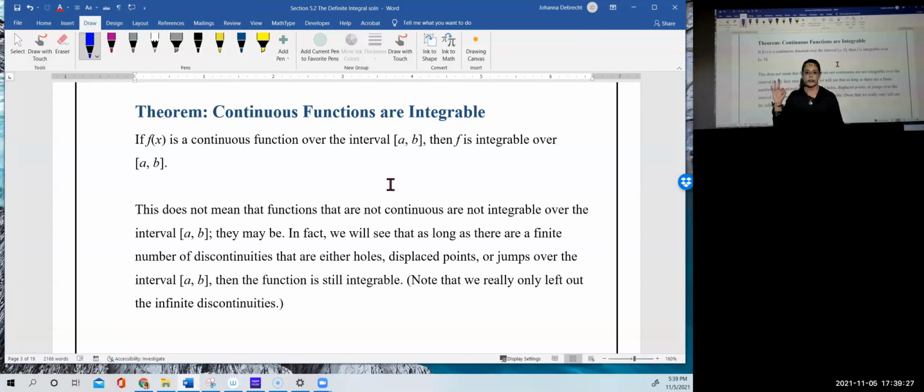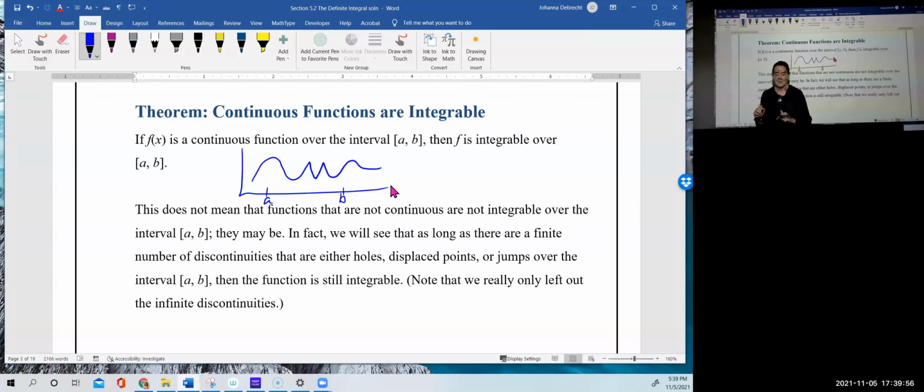So what are the three conditions to be continuous? The function exists, the two-sided limit exists, and the function value at that point equals the two-sided limit at the point. So what we're saying in a hand-waving way is, as long as I'm looking at the graph and I've got A here and B here, as long as I can draw the graph without picking up my pen between A and B, then it must be integrable over A to B. There must be a definite integral between those.